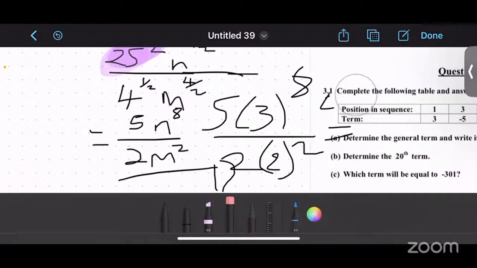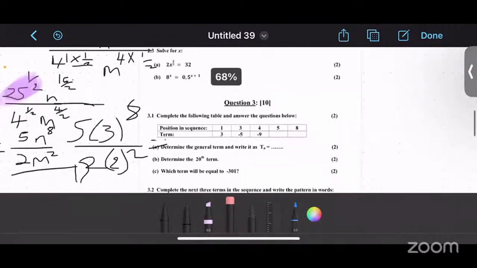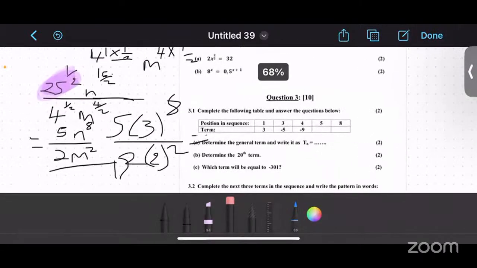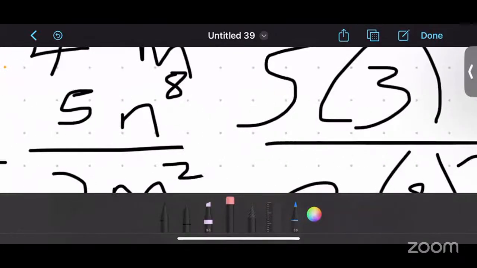Ma'am, I see my mistake. I think it's supposed to be 5n to the power of 4. Is it not 5n to the power of 4? Sorry, you mean here?